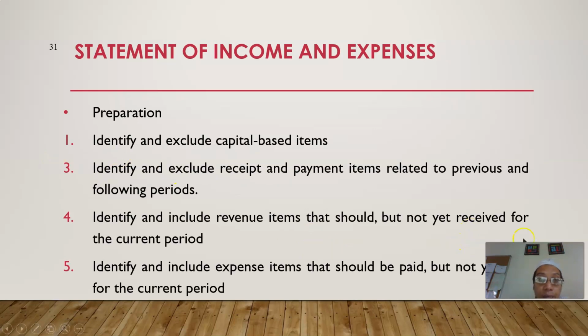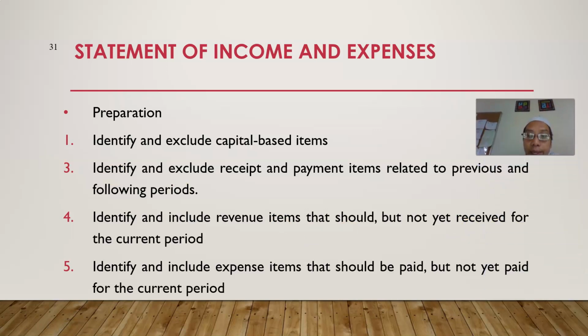So how do we prepare the income and expenses statement? Actually, it's the same way as the income statement from profit-based organizations. Firstly, we need to identify and exclude capital-based items. Again, we should not include the capital-based income or expenses.